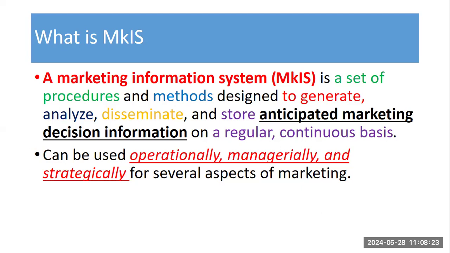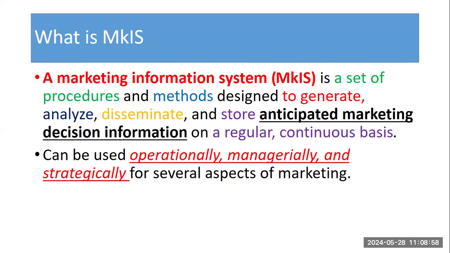These procedures and methods normally have guidelines, principles and policies on how to perform those functions. Following these procedures and design guides, they can generate, analyze, disseminate, and store anticipated marketing decision information on a regular, continuous basis.